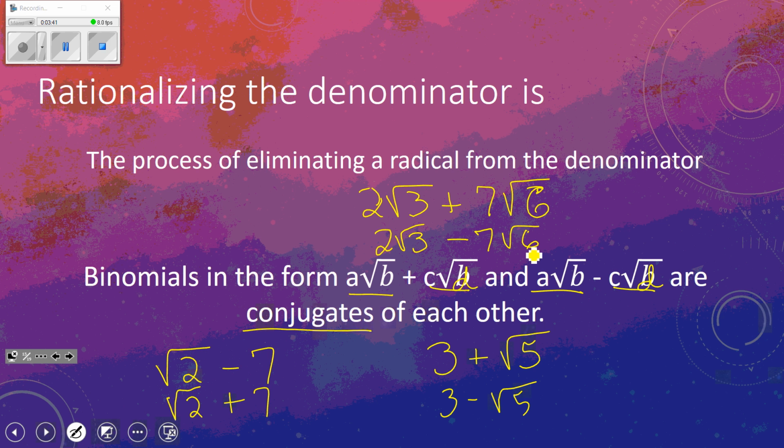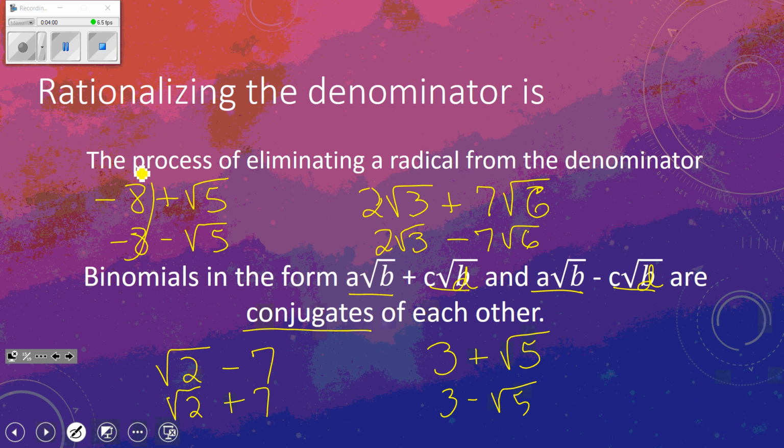Okay, that's the conjugate. One more. What if I had negative 8 plus the square root of 5? What would the conjugate be? Negative 8 minus the square root of 5.